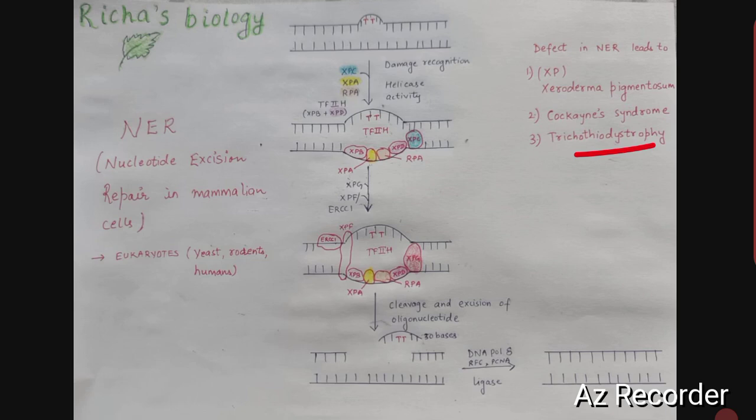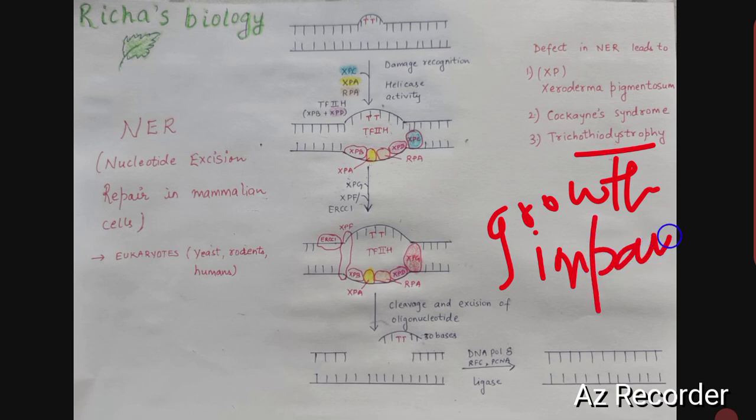It is a rare inherited disorder which is characterized by brittle, sulfur deficient hair and a range of other symptoms including intellectual and growth impairment, and photosensitivity, and dry and scaly skin results. So that's why all these mechanisms are very important to function properly in our body. Otherwise, we can suffer from various diseases.